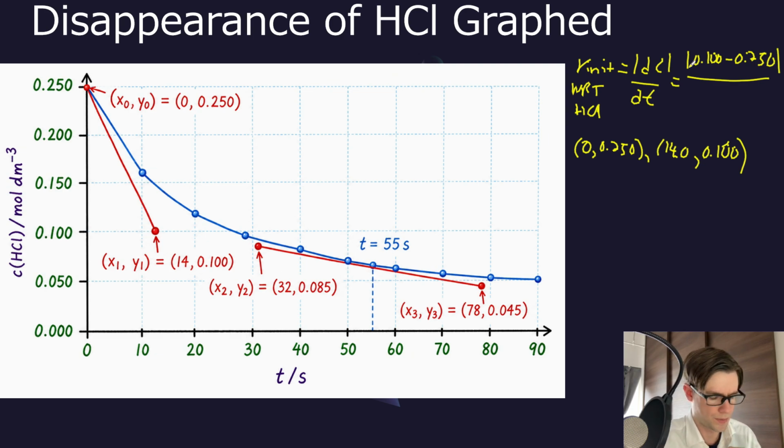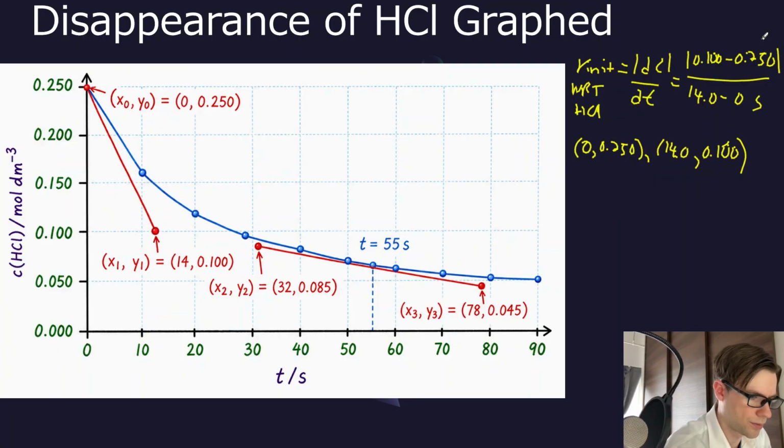And we have time 14 minus 0. And don't forget your units. This time is seconds, and these y values are mole, and these y values are mole per decimeter cubed.